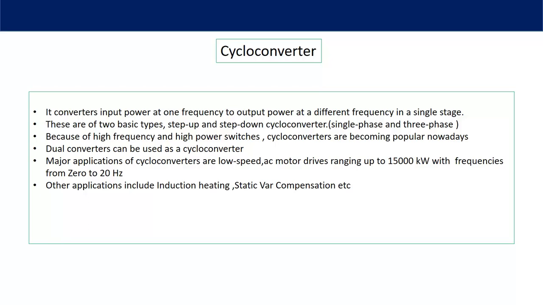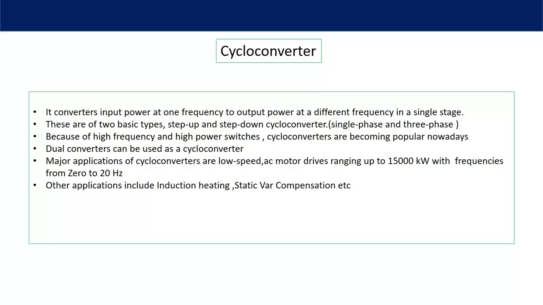Nowadays these cycloconverters are becoming popular because of availability of high frequency power switches like MOSFET, IGBT. But for high power application still thyristor is used. So at high power application, cycloconverters are used at low frequency.